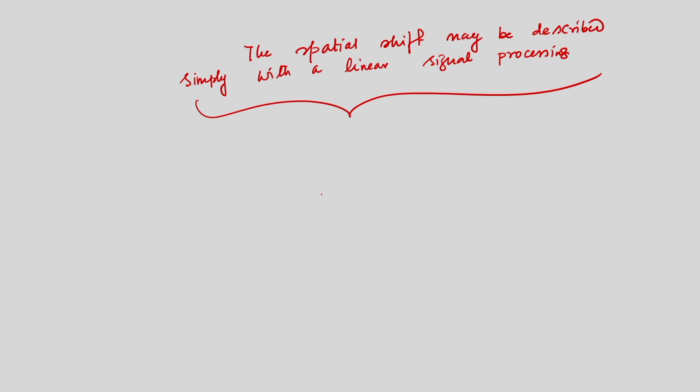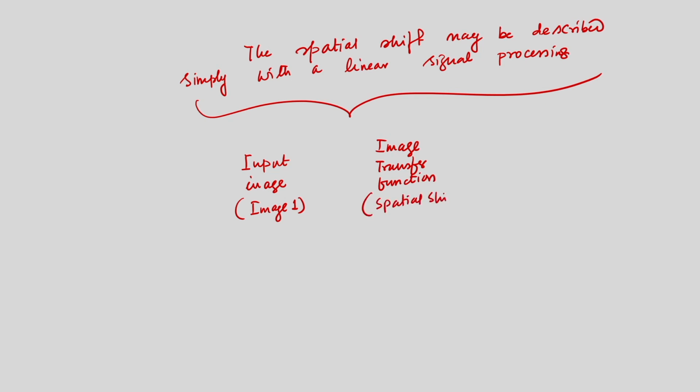So, if I show that: input image, that is image 1, then image transfer function, spatial shift, additive noise process, and output image, that is image 2.